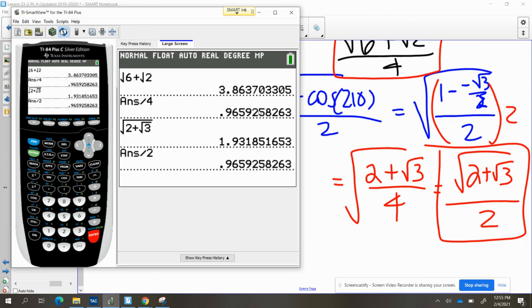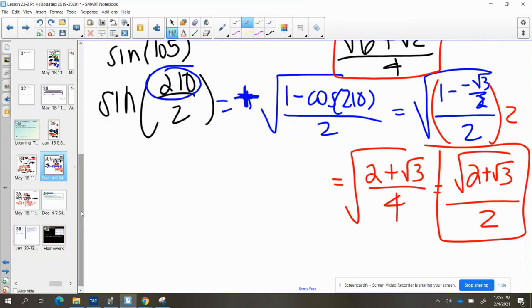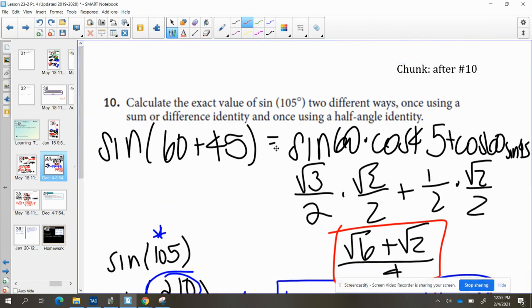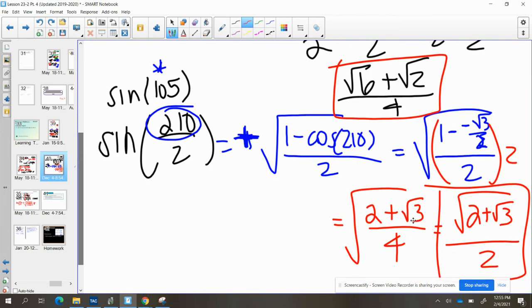We get that same decimal approximation, which shows that they're equivalent, right? But you have to be careful about which way the question's asking for. If it wants sum and difference, this would be the correct answer. Half angle, this would be the correct answer. Okay, so be aware of which one they're asking for. Now, if they say just find it, either one officially would work.